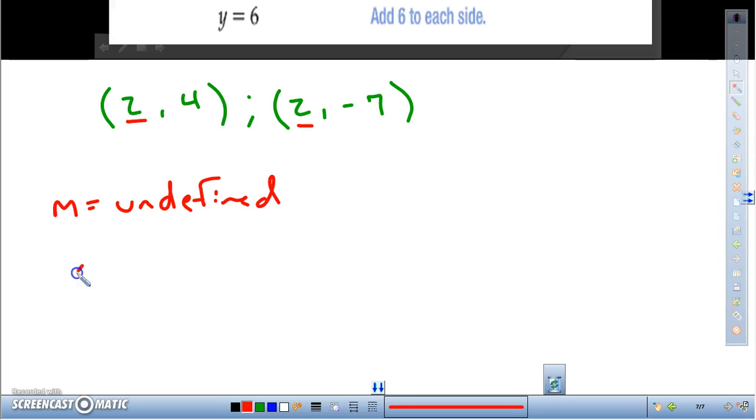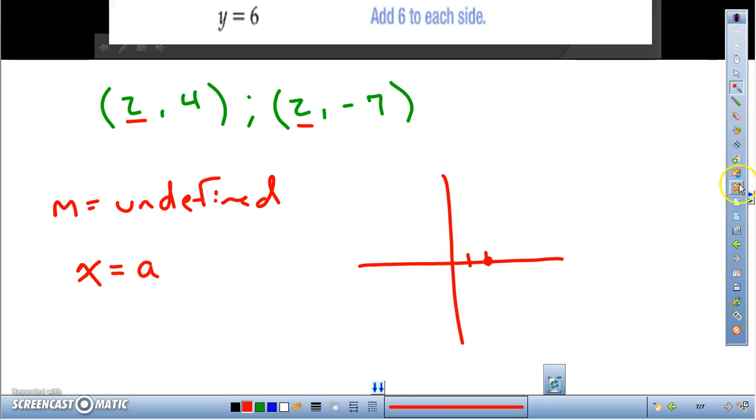Okay, and I know that undefined slope means that I have a vertical line. I also know that the general form of a vertical line is x is equal to some number, where that number represents the x-intercept. So I would go on my graph to where x equals 2, and that's where my vertical line would be.